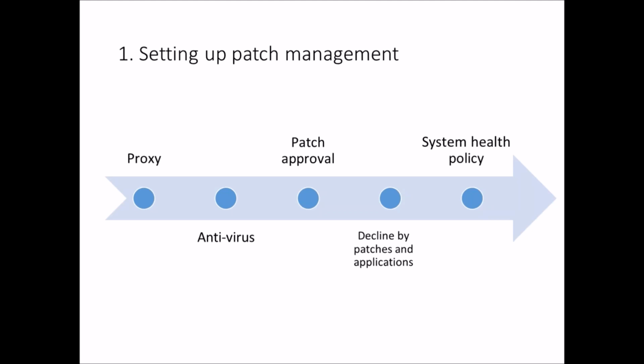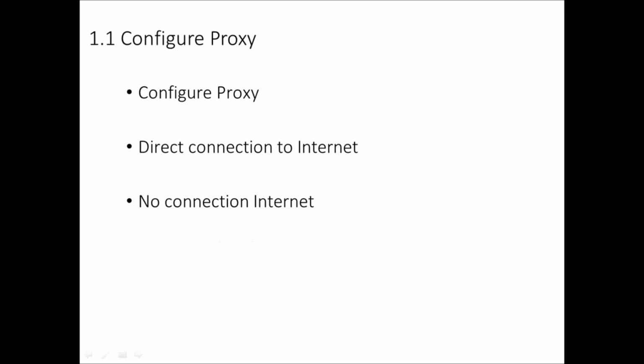Setup has a focus on the patch setup. That means there are 5 easy settings which can make Desktop Central run in your network. The first one is the patch. When I say patch, you have to configure the proxy, how you reach your internet proxy, or if you have a direct connection, you can use the direct connection, or no internet connection.